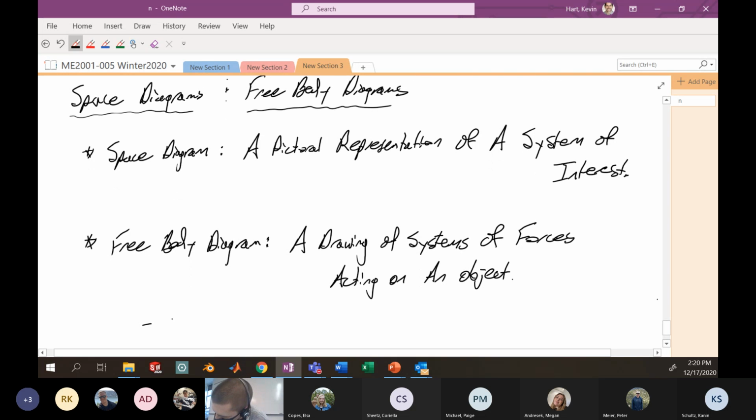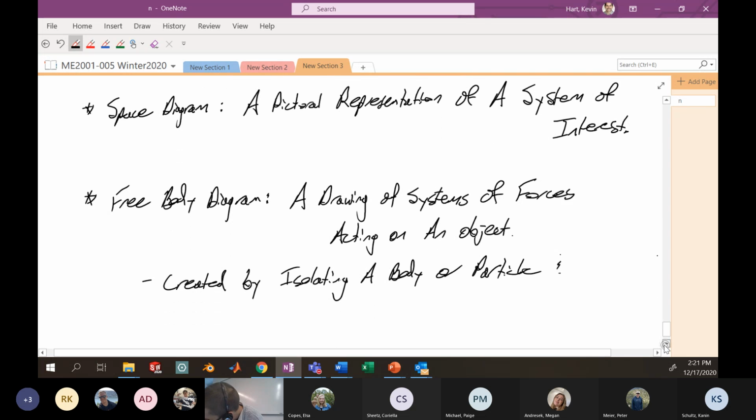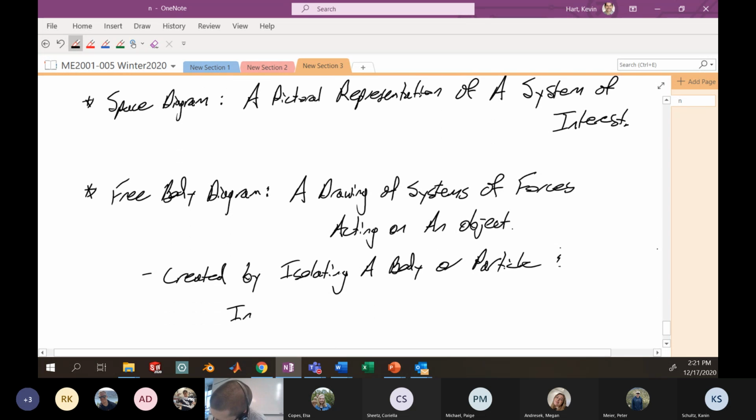So these are created by isolating a body or particle and including forces for all components isolated.